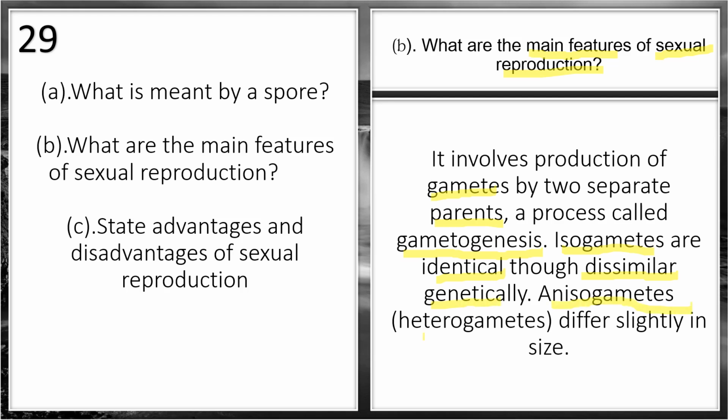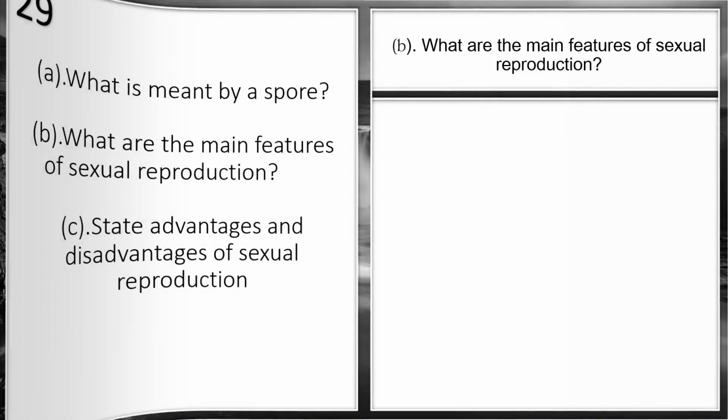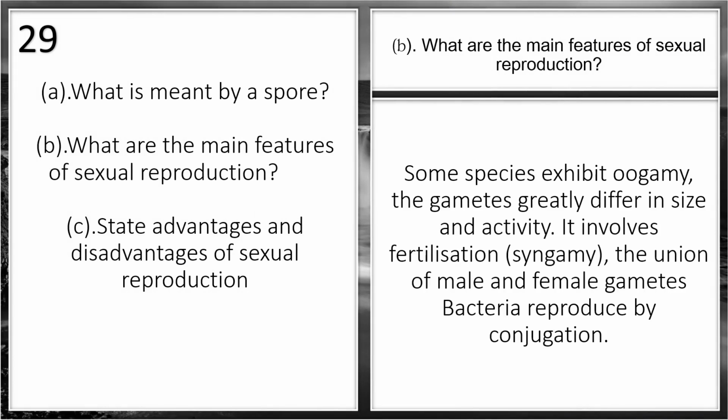Anisogametes, they are heterogametes, differ slightly in size. Some species exhibit oogamy, where the gametes greatly differ in size and activity. It involves fertilization, syngamy, the union of a male and a female gamete. Bacteria reproduce by conjugation.